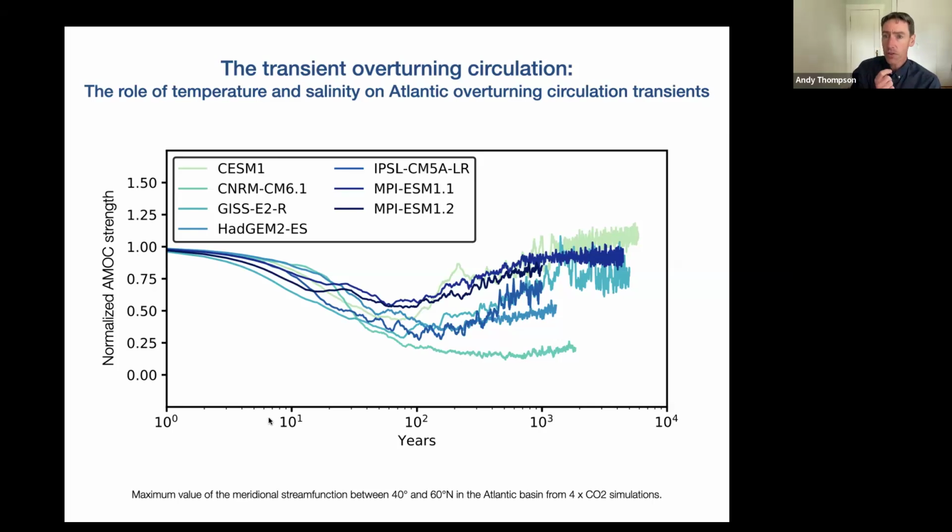They all show to some degree, except maybe this lowermost mint green curve here, some degree of recovery over long time scales, but the time scale over which that recovery occurs, again, is very different between these models. So we have really large spread across coupled GCMs in how the AMOC will respond to different climate perturbations. And we're going to try and probe what sets those different responses.